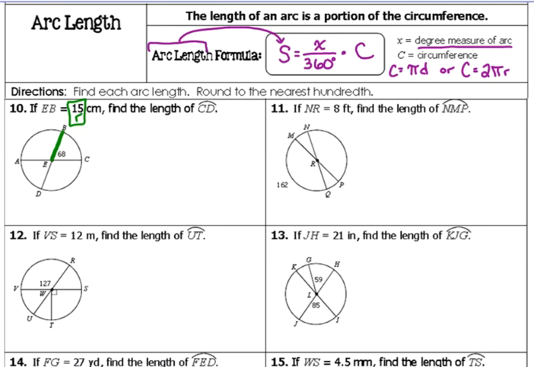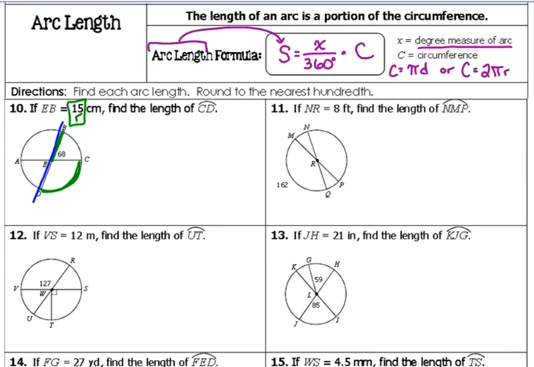Find the length of arc CD. So let's mark that on the picture as well. CD is the arc right here. When I look at the diagram, I don't have the angle that goes with that arc. What I do have is 68 degrees on the angle beside of it. And if I extend the line BD, that is a diameter, right?